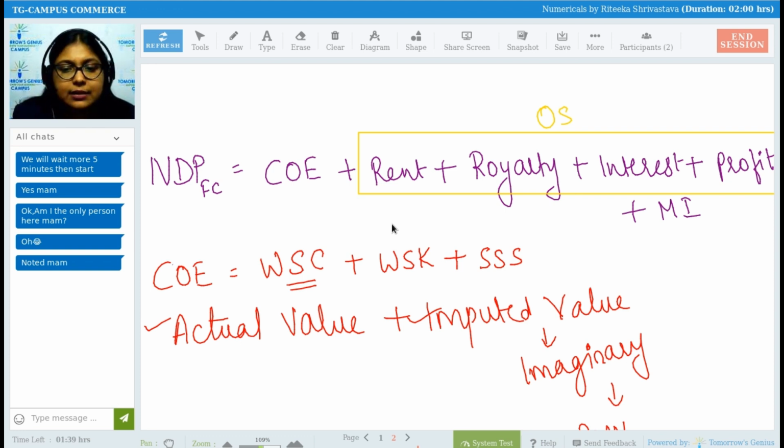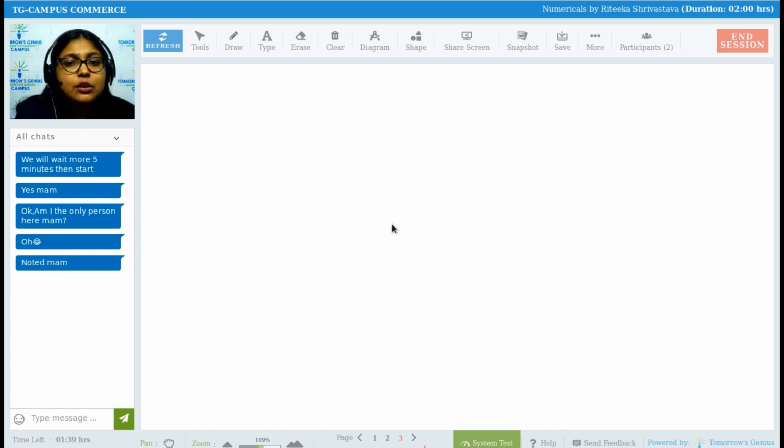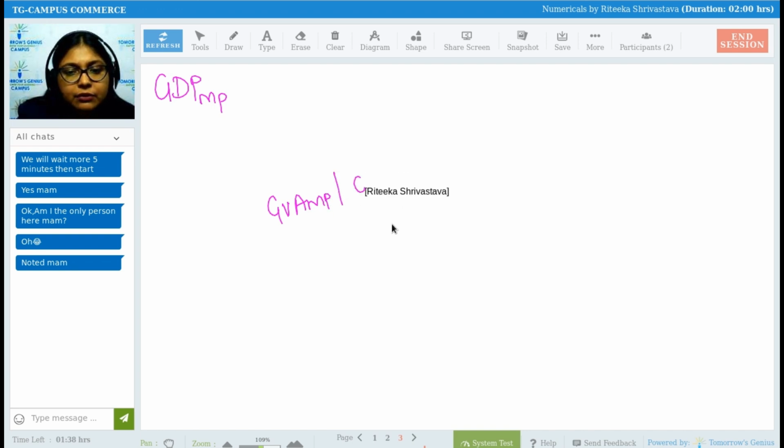Now remains the last method, that is the expenditure method. So as usual, first and foremost thing which you will see is the aggregate represented by the expenditure method. So the aggregate represented by the expenditure method is again GDP at MP. So if you remember, the value added method also was known as GVAMP and the other alternative name was GDPMP.